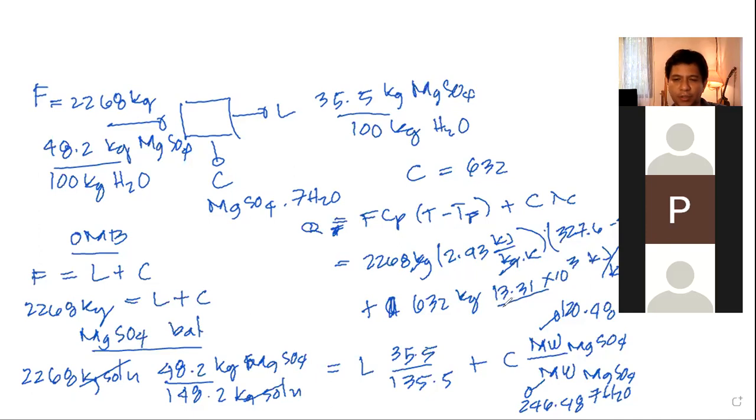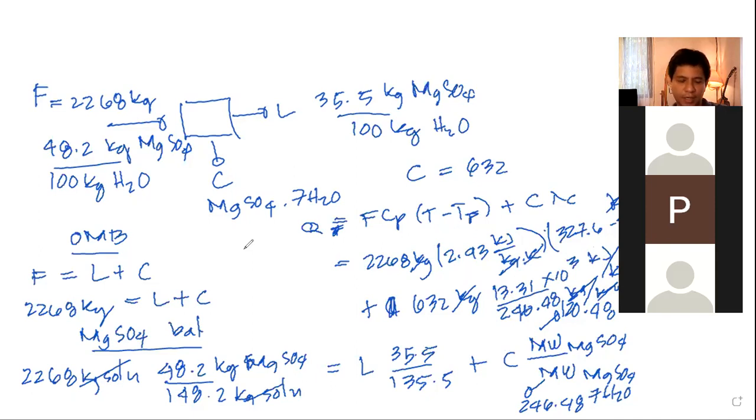Can you see the dimensional analysis? Ito is kilogram per kilomole. So magka-cancel yung kilomole, kilojoules per kilogram. So magka-cancel yan, kilojoules na rin to. Ito naman, nag-cancel yung Kelvin. So kilojoules na rin. So pareho silang kilojoules. Okay lang, do you have any question regarding the dimensional analysis?